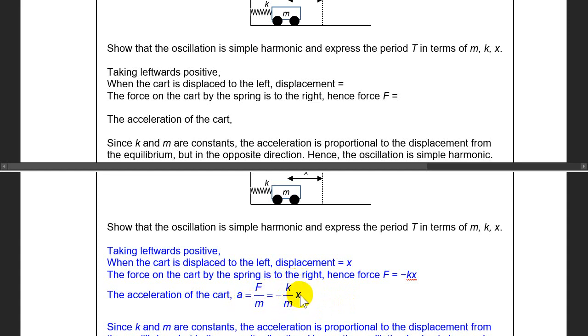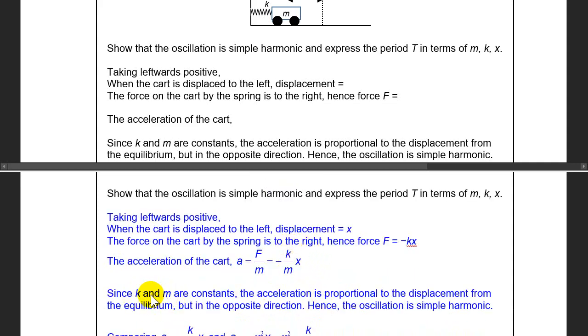Is it proportional to x? Yes, because k and m are constants, so acceleration is proportional to x. That satisfies the first condition for simple harmonic motion, that the acceleration must be proportional to x. Does it satisfy the next condition, that there is a negative sign? Yes, there's a negative sign here, so the acceleration is in the opposite direction to the displacement from the equilibrium.